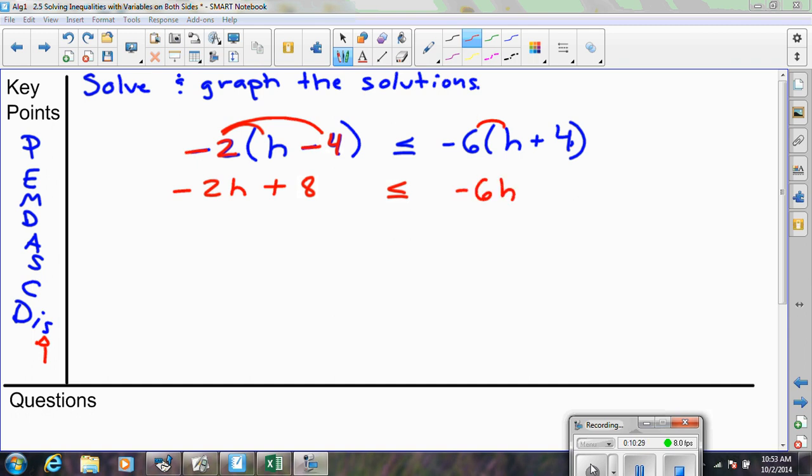But we need to be careful with the signs when we're multiplying the constants. This would be a negative 6 multiplied by a positive 4. If you take negative 6 times positive 4, what do you get? That's a negative 24. Well, negatives and subtractions are kind of the same thing.